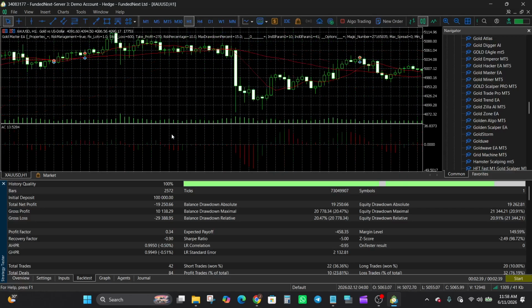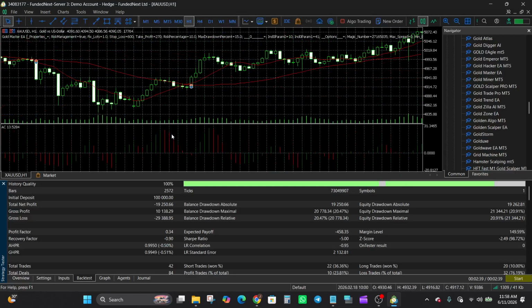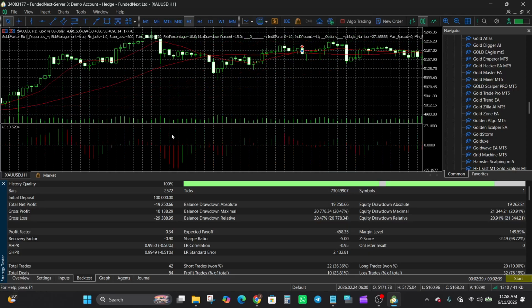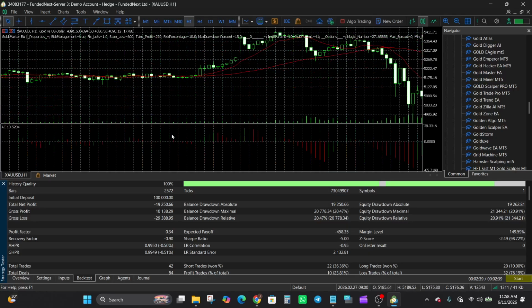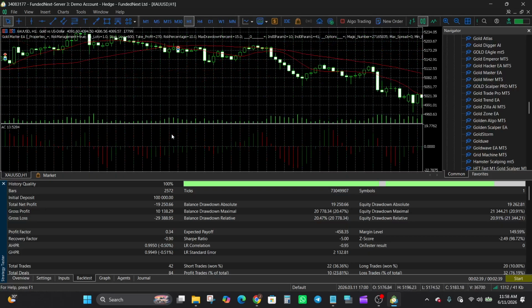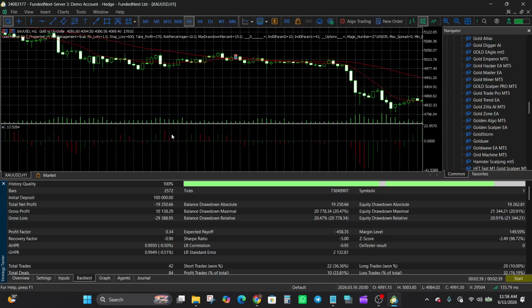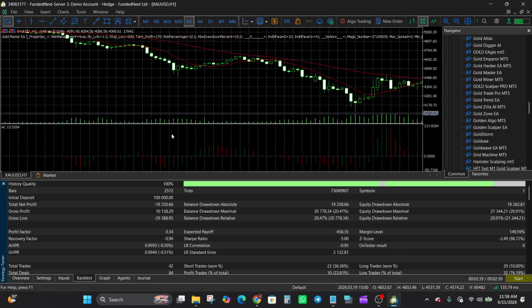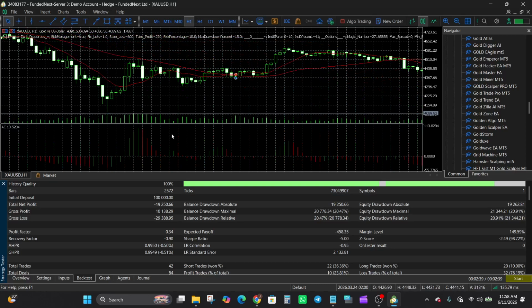And it also looks like the EA tends to stay out of the market during uncertain or less optimal conditions, which matches the idea of prioritizing low drawdown and capital preservation. I would still recommend running longer term testing yourself as well, so that you can get a more comprehensive understanding of how the EA behaves across different market conditions.